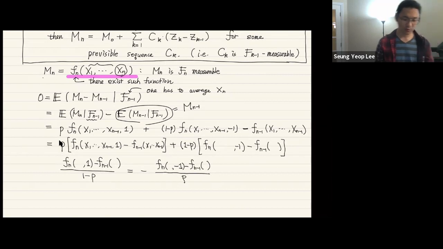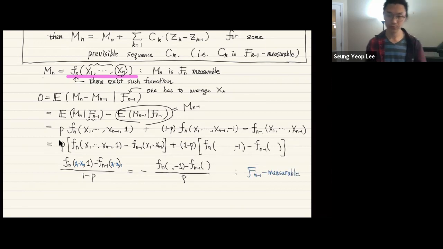And if you look at both, what is the random variable that shows up? It's x1 to xn minus 1 here, also x1 to xn minus 1. So all of these are Fn minus 1 measurable. These two are Fn minus 1 measurable, right?